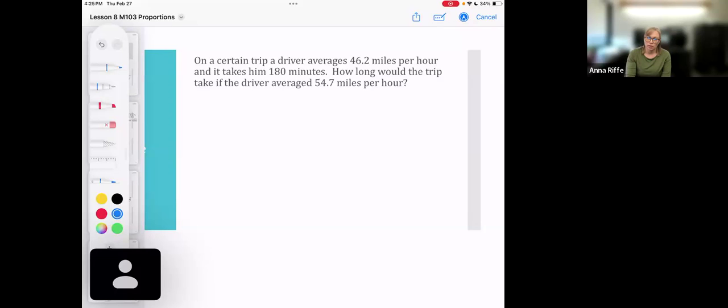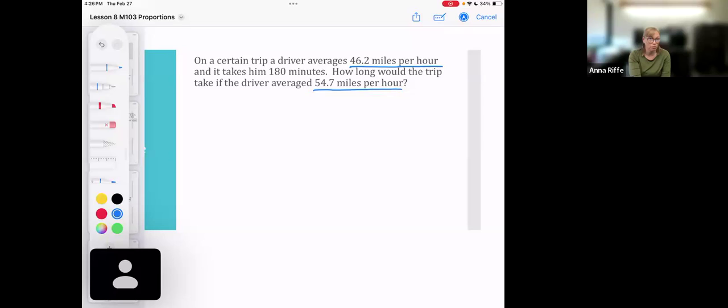So I like to start these by first noting, what are my variables? What are the things that are changing? It looks like on this trip, we are given some information about speed, so miles per hour, and time, 180 minutes. So we have 46.2 miles per hour and then 54.7 miles per hour.